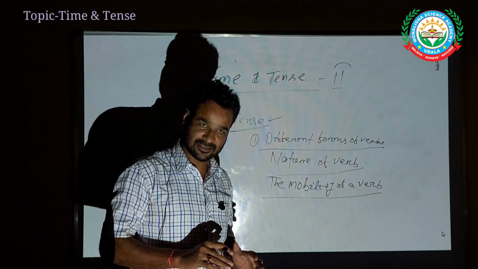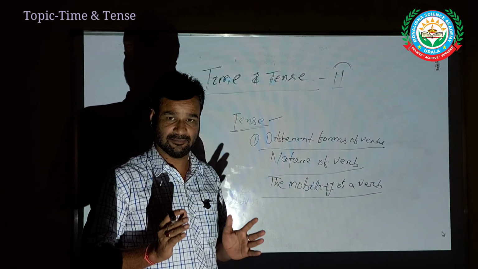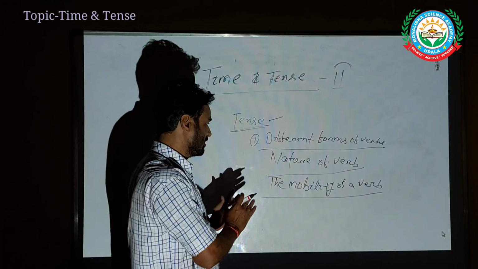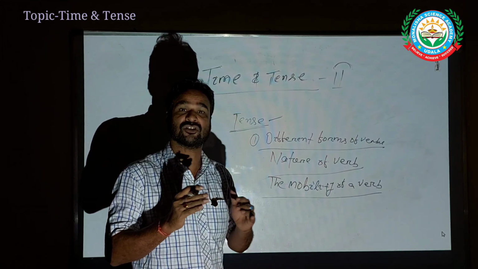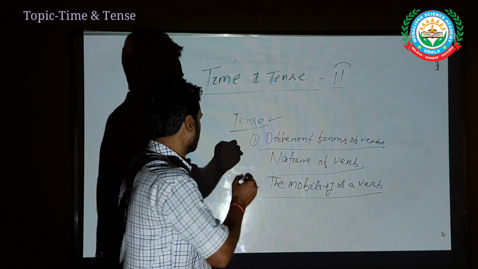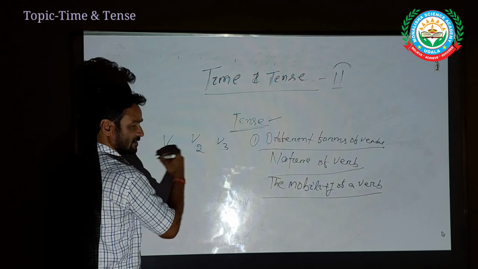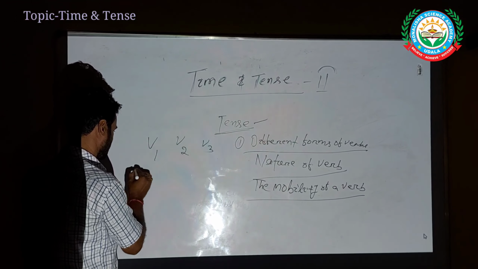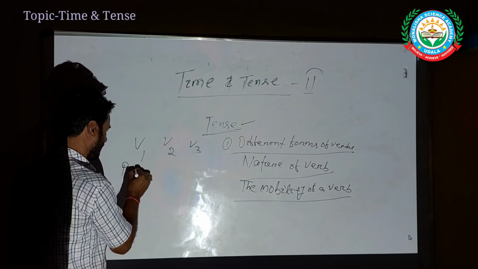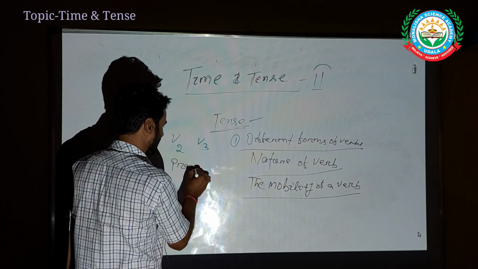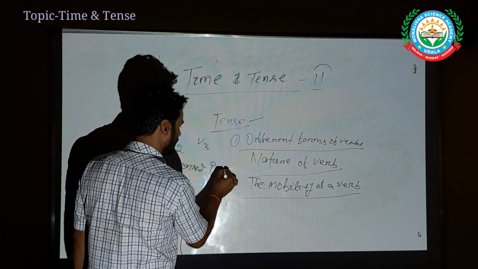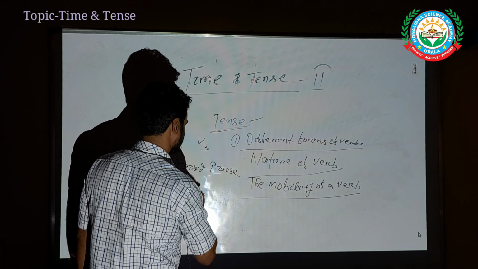In the previous class I had discussed about the mobility of the verb. The mobility means motion, the verb motion, like V1, V2, V3. The word is praise. Second form is praised, and third form is also praised.